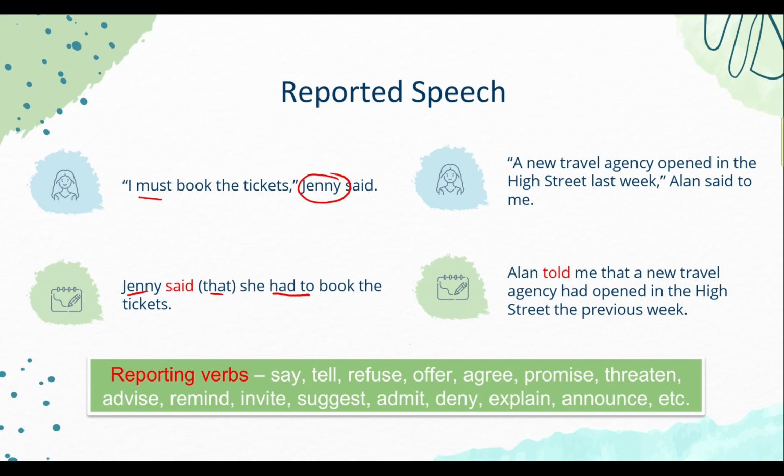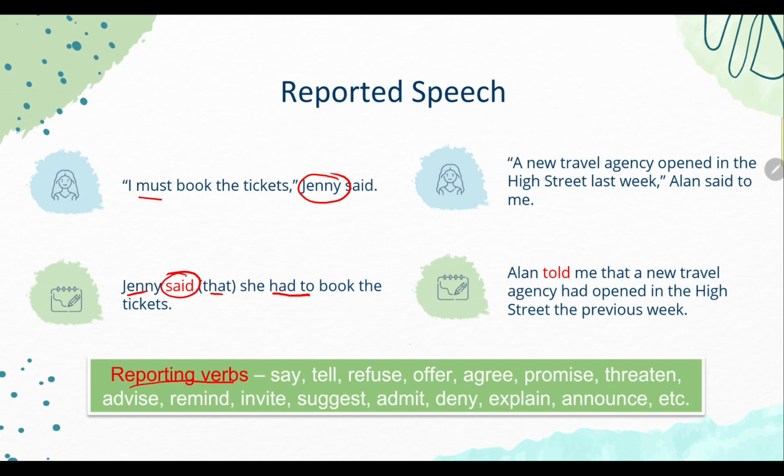Kita guna reported speech. Here I highlighted the word said, because we have to use reporting verbs if we want to report a speech. Kita kena guna kata kerja macam ni lah. For example, say, tell, refuse, offer, agree and a lot more. You can choose based on the content of the sentence.